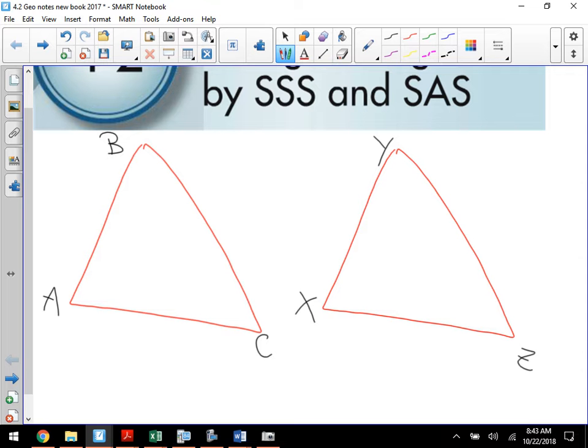If I know that there's correspondence between sides, AB and XY, if I know that all 3 sets of sides are congruent to all 3 sets of the other triangle, those 2 triangles wind up being congruent to each other because of something called side, side, side.